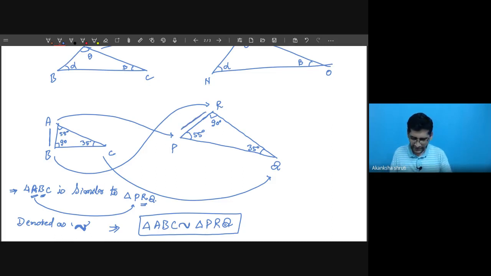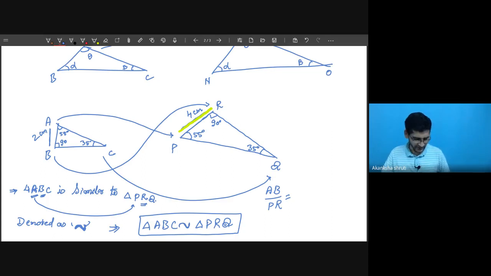Corresponding to A we have P, and to B we have R. So we move from P to R, and we write in the denominator PR. Whatever these ratios are, say this is 2 and this is 4 centimeters, the same ratio will also be maintained for maintaining the similarity.